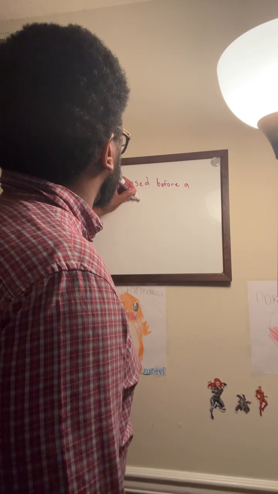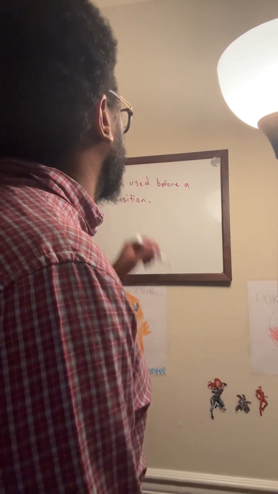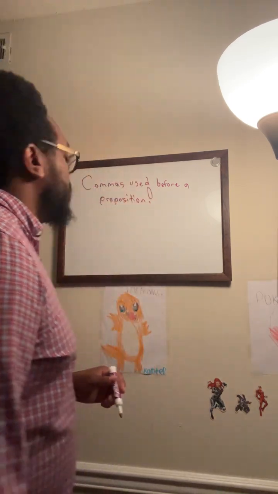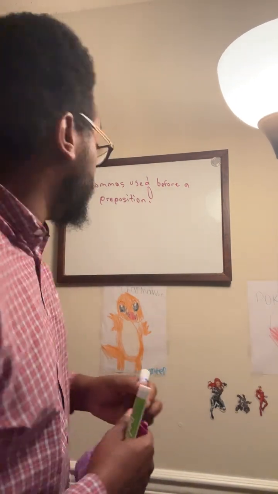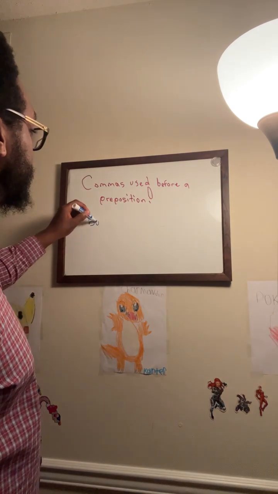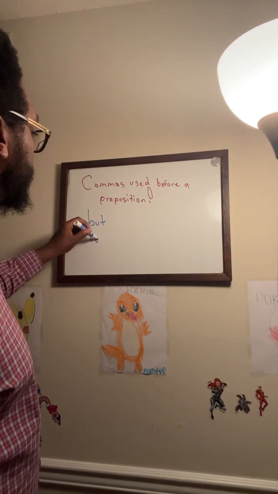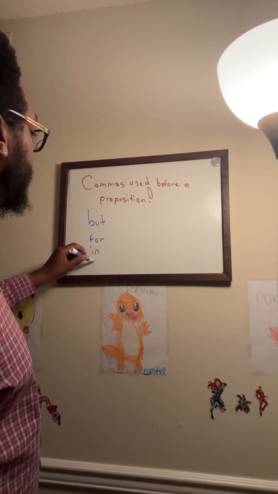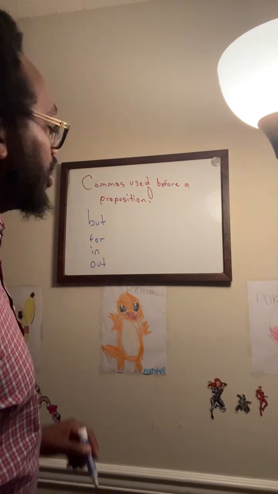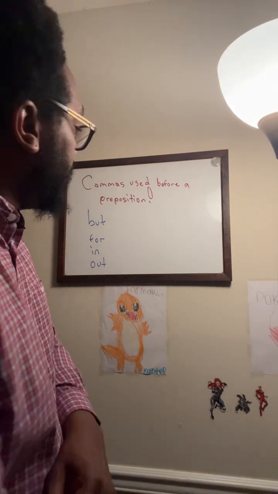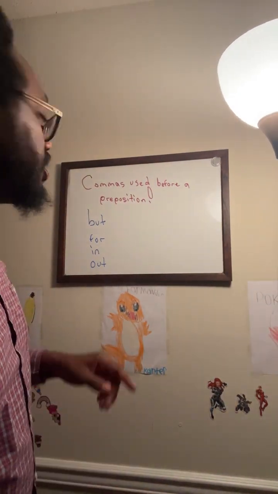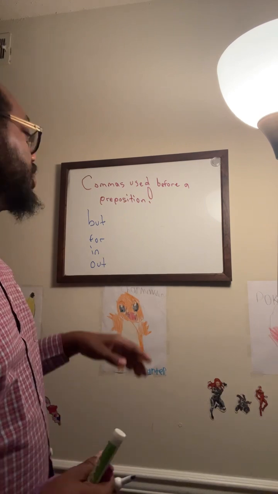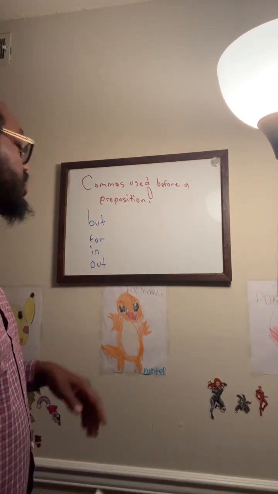And prepositions deal with placements, okay? And the way that you know a preposition is you got to know prepositional words like but, for, in, out, all right? I need you to come here, but first, take out the trash. So I need you to come here. I will put a comma before but take out the trash.